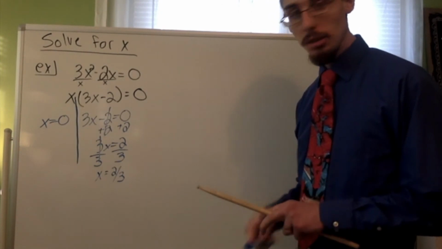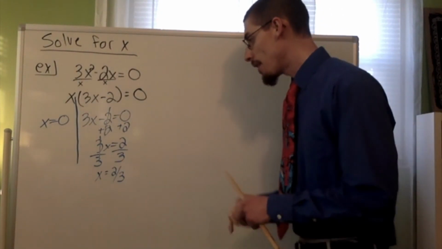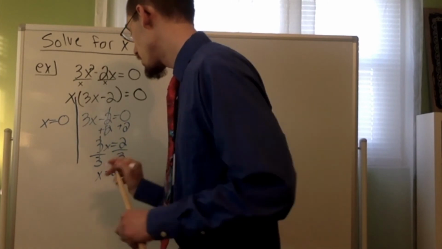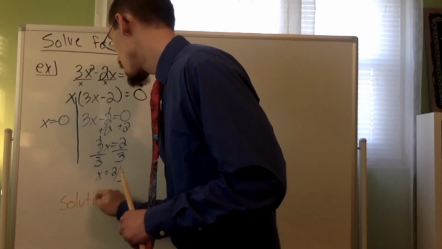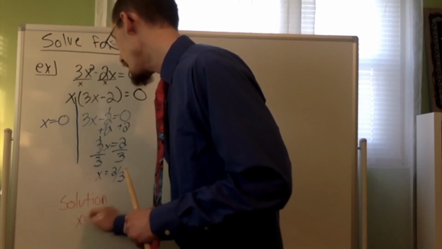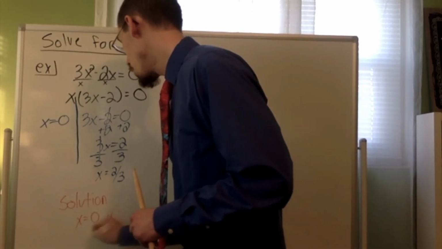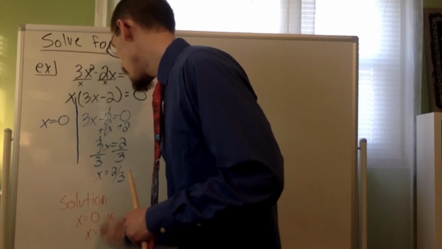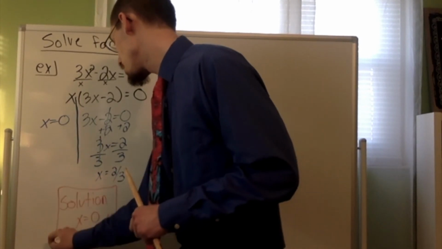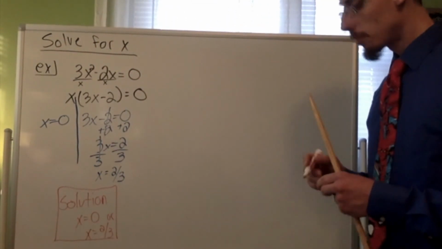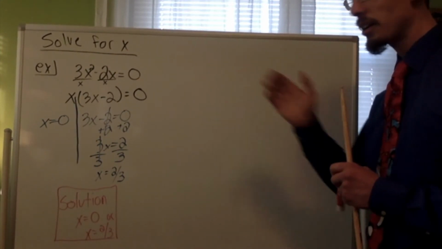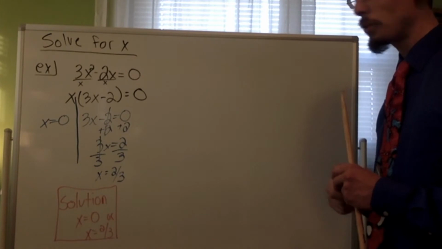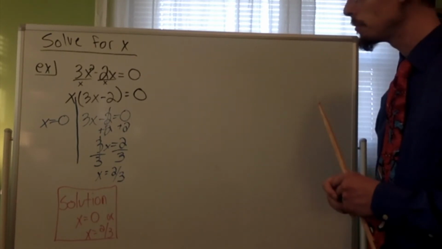And that's my solution, right? If I was going to write it out, your solution: x equals 0 or x equals 2/3. Pretty easy. I just factored out a GCF, set them both equal to 0, and solved.